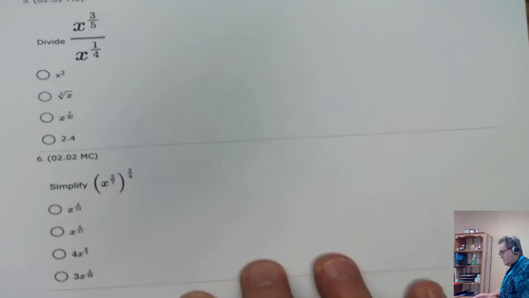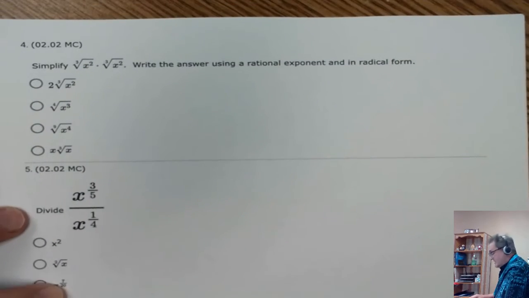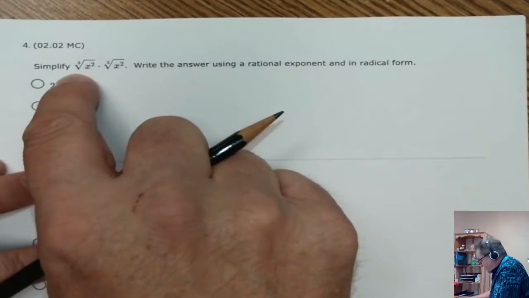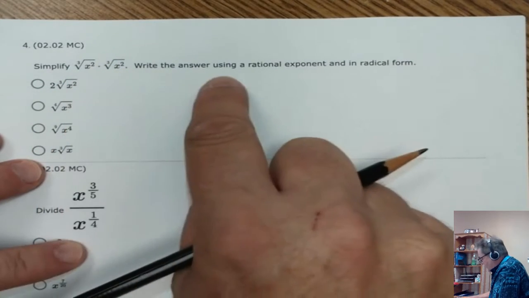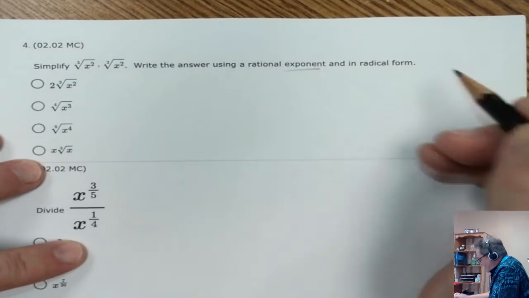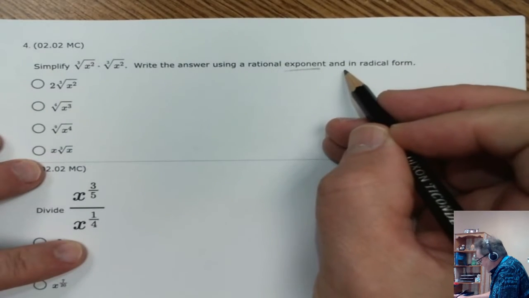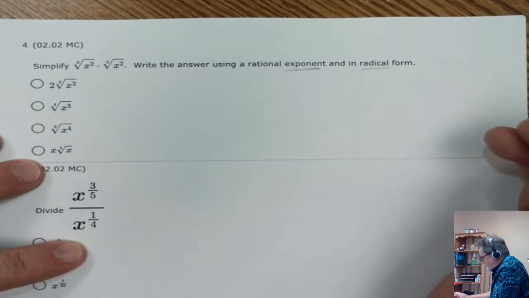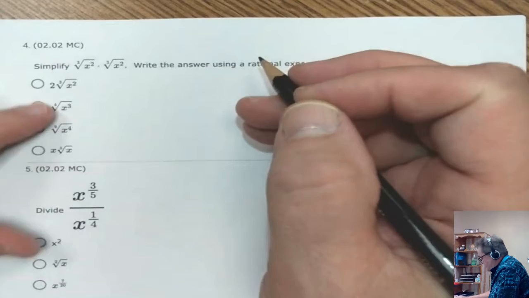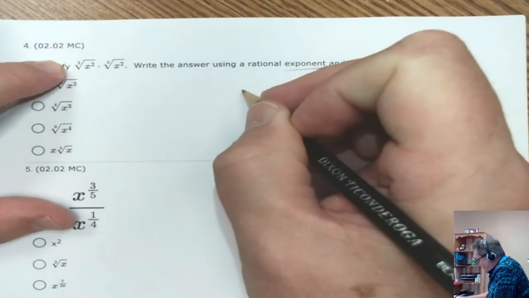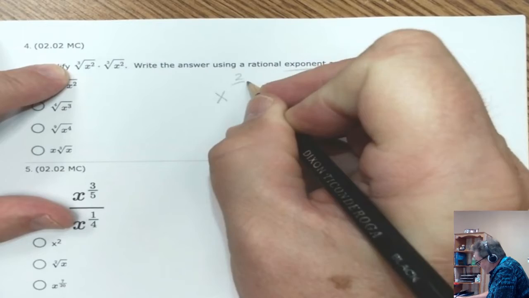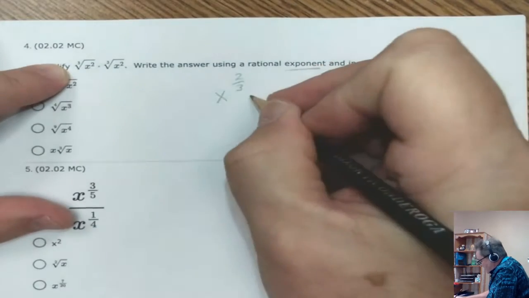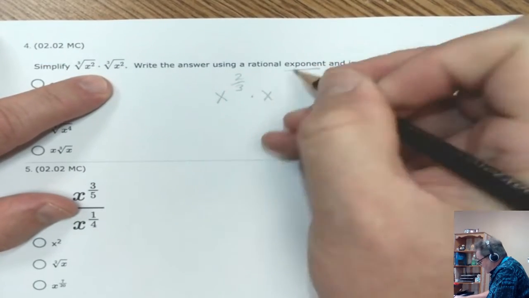All right, next problem. Simplify the 3rd root of x squared times the 3rd root of x squared. Write the answer using a rational exponent and in radical form. So x squared to the 1/3 power, that's the 3rd root of x squared, times the same thing.